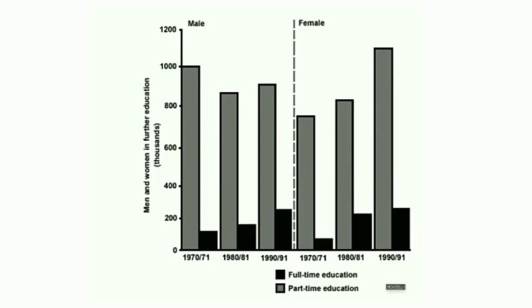So basically we have to write how many men were in full-time and part-time education, and how many females were in full-time or part-time education. And there is one more thing: they are in further education. So we are given the number of further education students: higher education students, college students, university students.